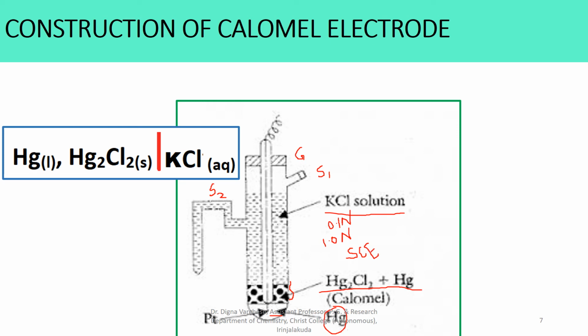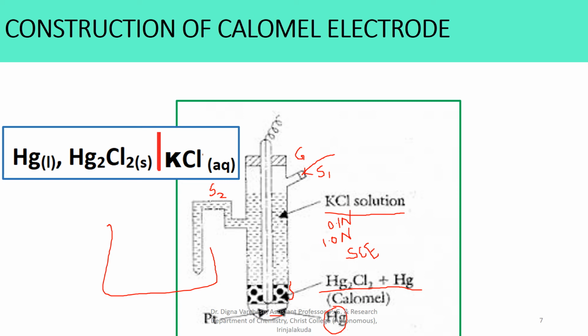So the potassium chloride solution enters the tube through the S1 side tube. It is also filled in the S2 side tube, ending in a jet. It is through the side tube that the Calomel electrode is coupled with any other electrode whose potential is unknown.